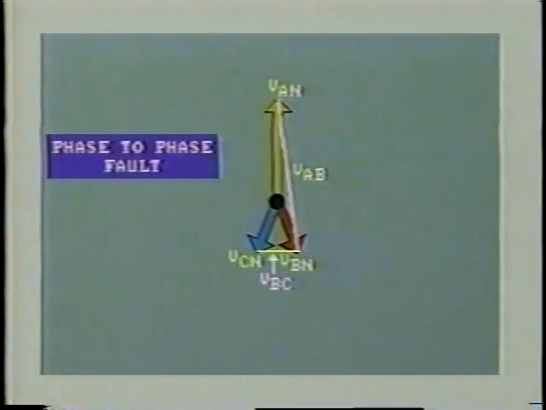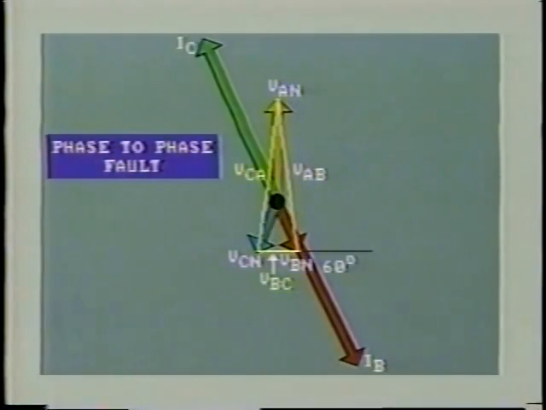Similarly, VAB is the voltage between VAN and VBN, and in the same manner we can construct VCA as the voltage between VCN and VAN. The currents go here. IB is at an angle of 60 degrees to VBC, with IC the reverse of IB.